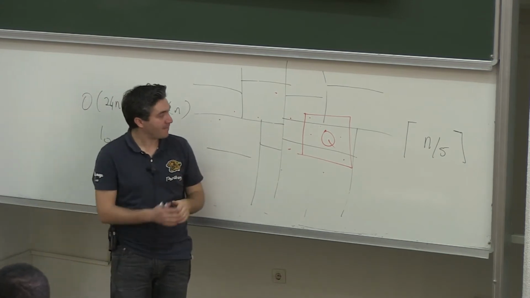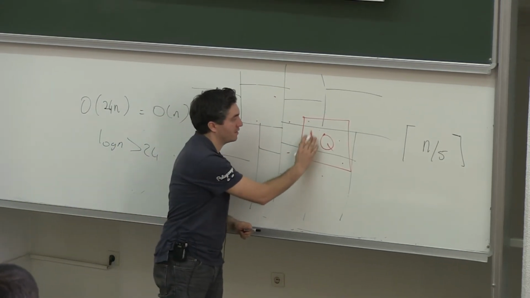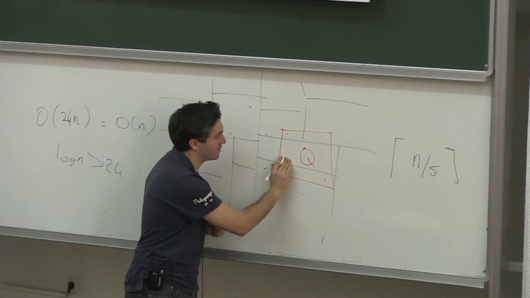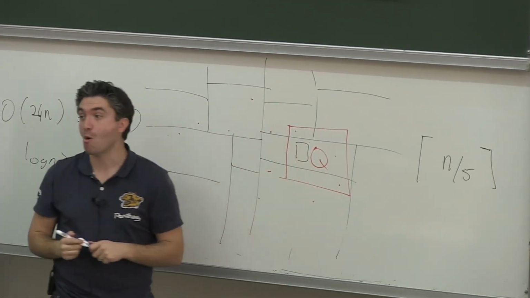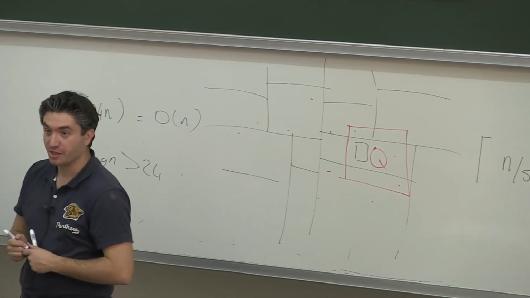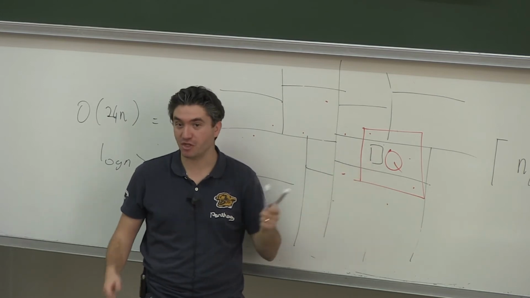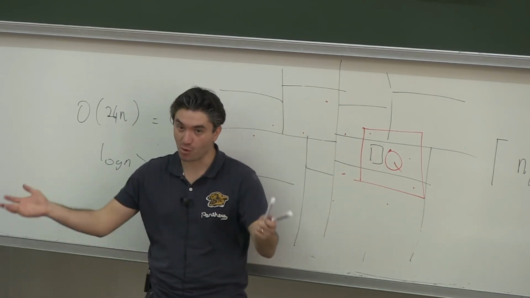Another case: imagine there is a KD tree region, and it may be completely inside this query region Q. In that case, all the points in this region can be safely reported.